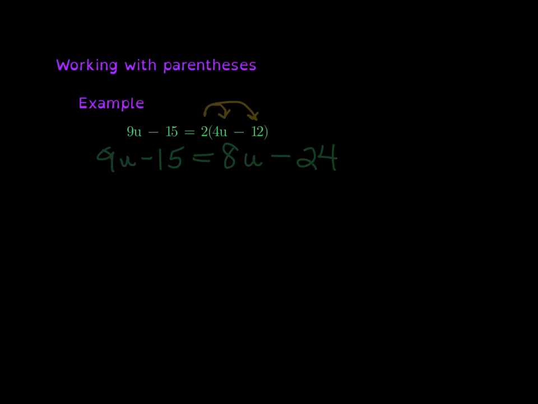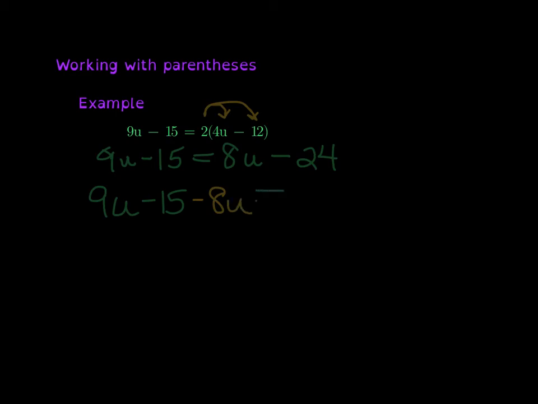And now it's just a question that we would have dealt with before. It's the same exact way of dealing with it. But now we don't have those parentheses anymore. We got rid of them. So to solve this, we'll look to maybe get rid of the 8u on either side. So we'll do subtract 8u on both sides.